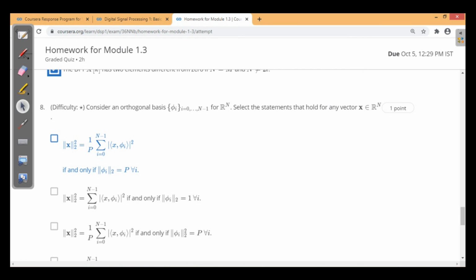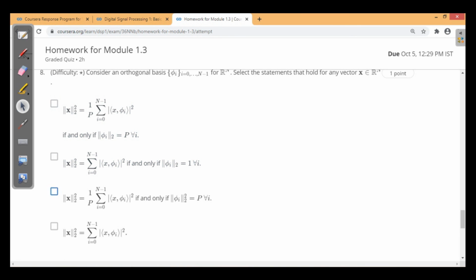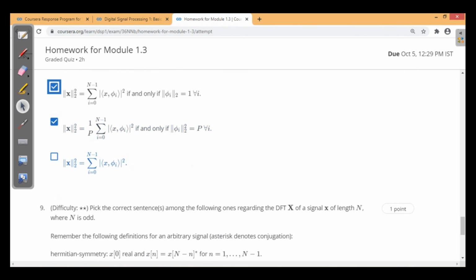This is when the norm square of psi i should be p. But here again only the norm, it should be the norm square. So that is the given third option. At the same time, see the second one here, there is no multiplication factor, so the norm should be 1. It is right. The second and the third are correct.